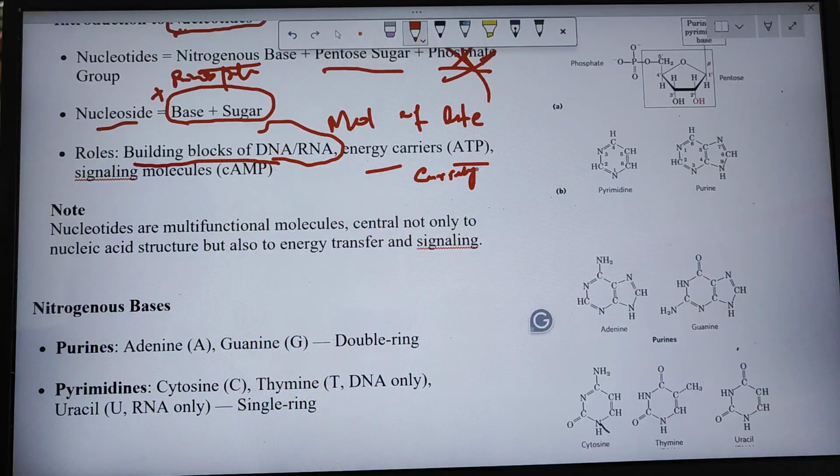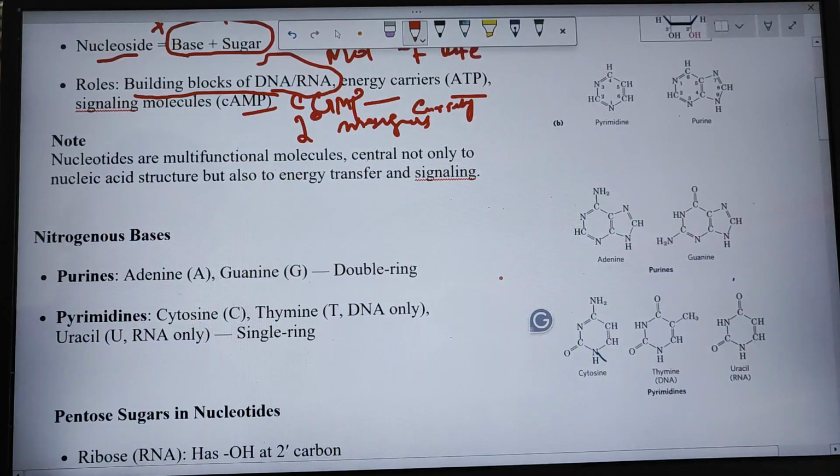The other important role of nucleotides is that they act as secondary messengers in the form of cyclic AMP or cyclic GMP in signal transduction. They also act as cofactors.